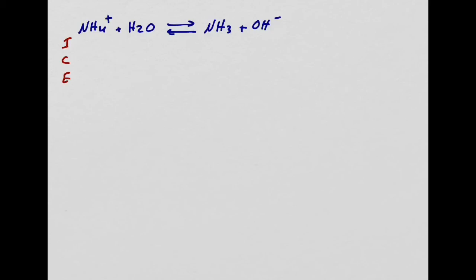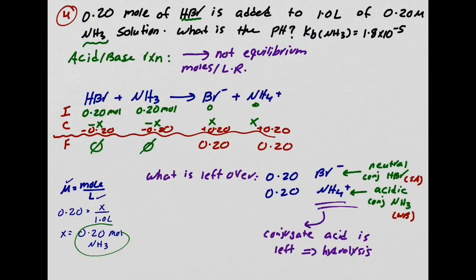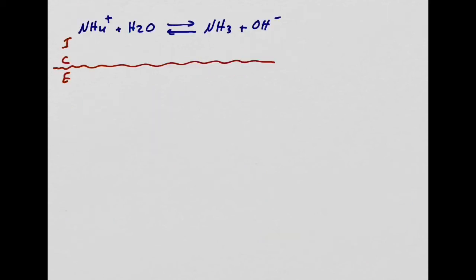Yes, ICE is back because I have an equilibrium reaction. So far so good. Okay, how much ammonia do I have? Remember, this was moles. But what's the volume of the solution? It's 1 liter, so it's going to be the same, but I still want you to pay attention to that in case I give you a problem where it wasn't 1 liter.